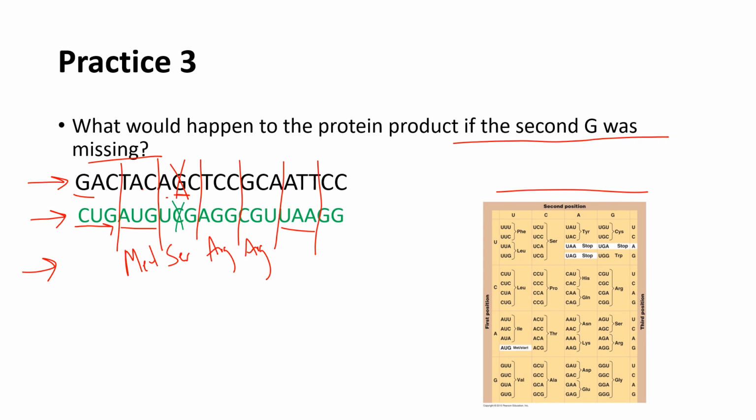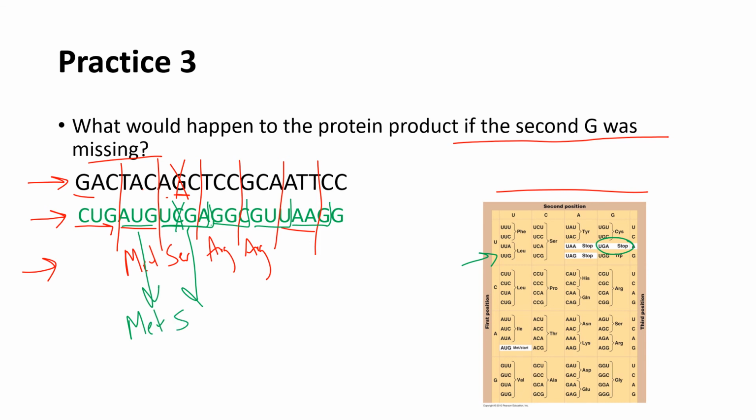And now the start codon won't change, it's AUG, but now the next codon is UGA. Then it's GGC, then GUU, then AAG. So this is going to change the protein. So AUG will still encode for methionine, but now you have UGA, and UGA is a stop.